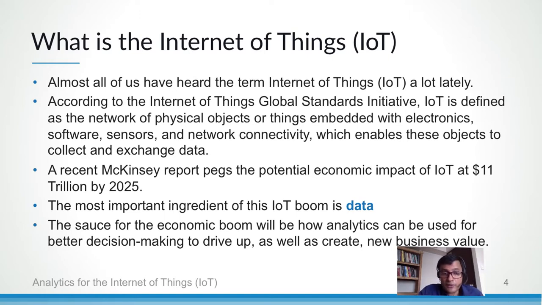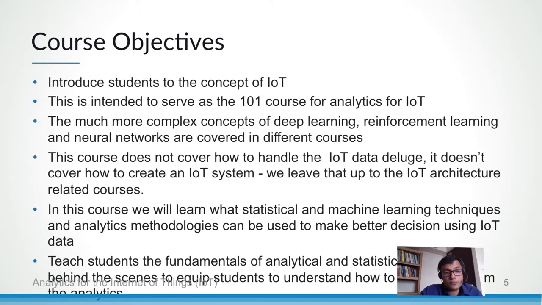As you may have heard already, this has huge economic potential, and a McKinsey report pegs it at about $11 trillion by 2025. The most important ingredient in this IoT boom is data, and the source of the economic boom will be how analytics can be used for driving better decision making and new business value.